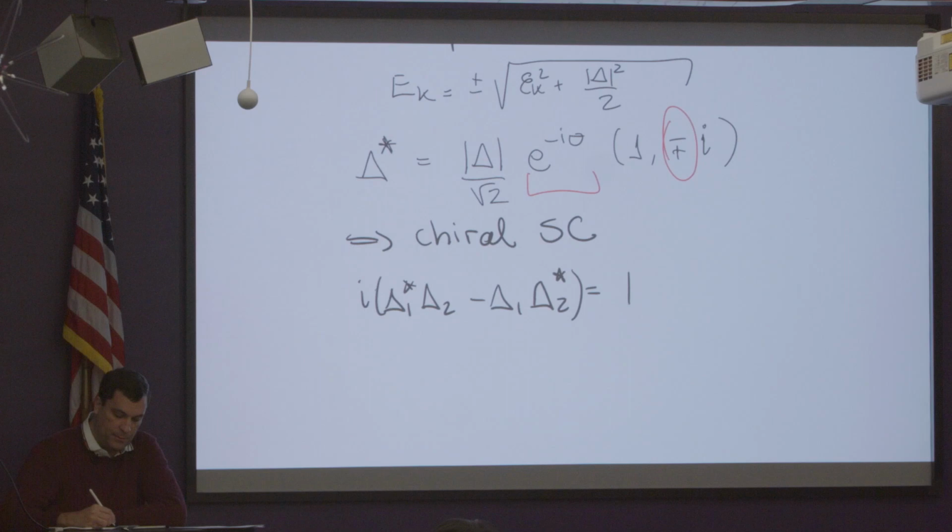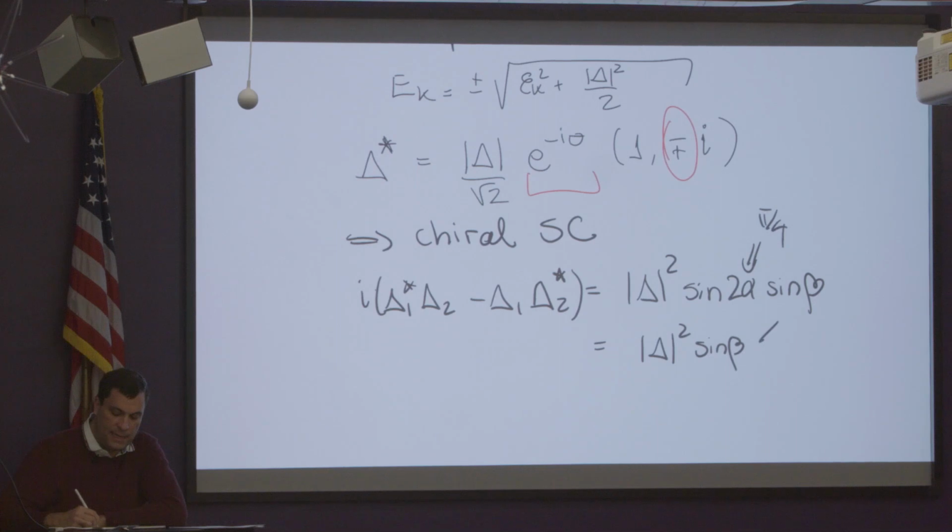Yes. If I just substitute what I had here, I'm going to get delta squared, sine 2 alpha, sine beta. Now alpha is pi over 4, so this is just delta squared sine of beta. And now you see that this can have two values: plus delta squared if beta is pi over 2, minus delta squared if it's minus pi over 2.